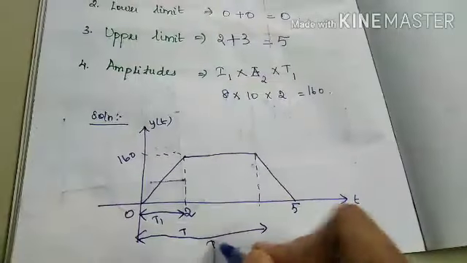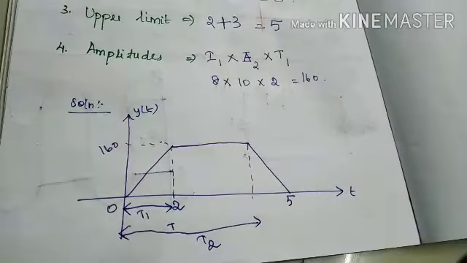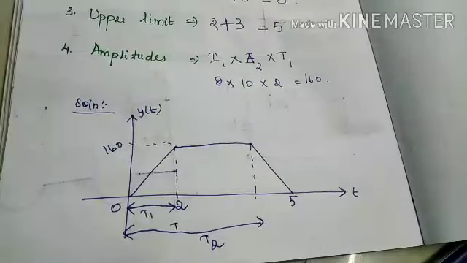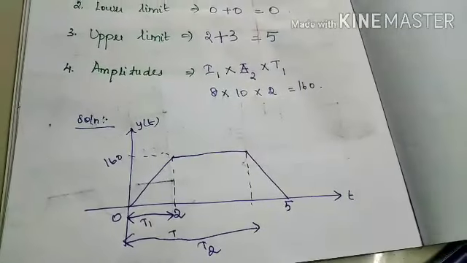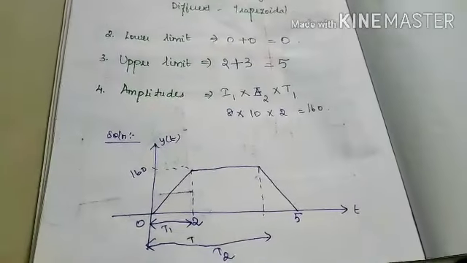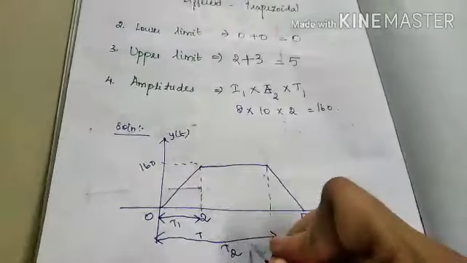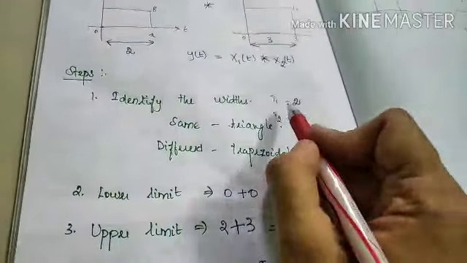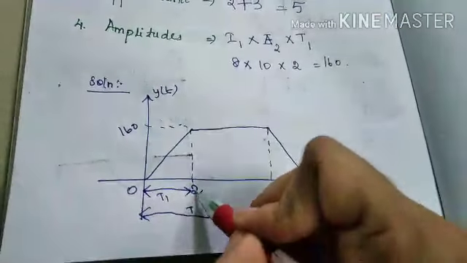So T2 distance, in the sense, what is the value of T2? 3, right? T1 is 2 and T2 is 3. See, already we have plotted 2 over here.